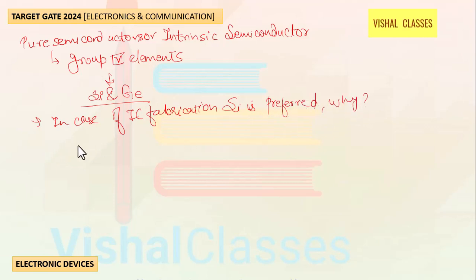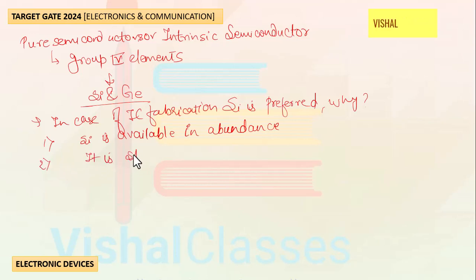Write in points. The primary reason is that silicon is available in abundance, in quite large amount. Second point, it is stable at higher temperature.